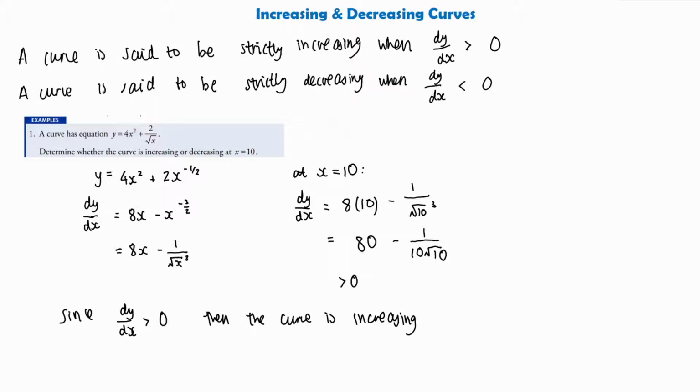We'll say when instead of at. Say it's increasing when x equals 10. It's important that we say it's increasing at this point here because it might be decreasing at a different value of x.